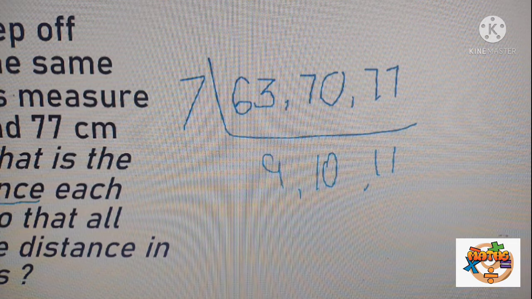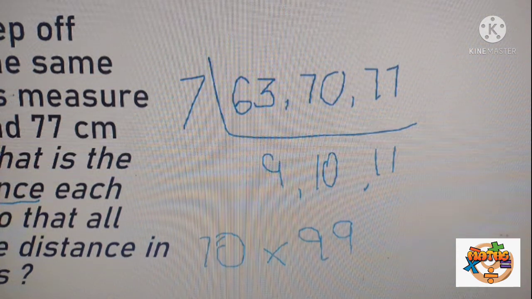So let's multiply. First of all, 10 into 7 is 70 multiplied by 9 into 11 is 99. Okay. So 70 multiplied by 99.